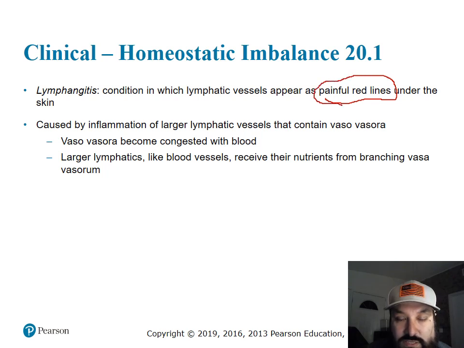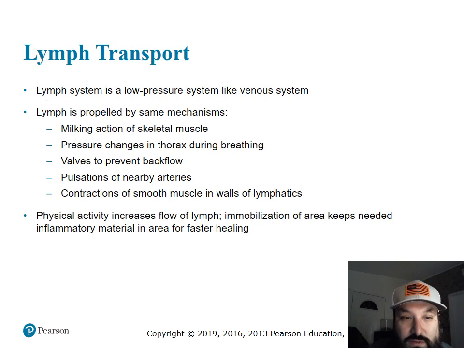That is a condition that we have because we have inflammation, right? Inflammation of the vessels, right? So we have this issue, for example, when we've got conditions that have inflammation setting in, and that inflammation itself can cause this red vessel to be seen on the outside of the skin.